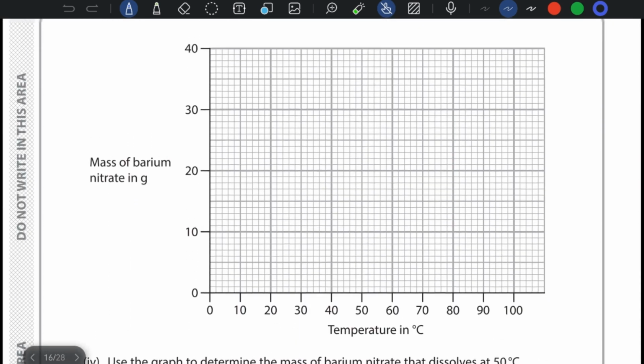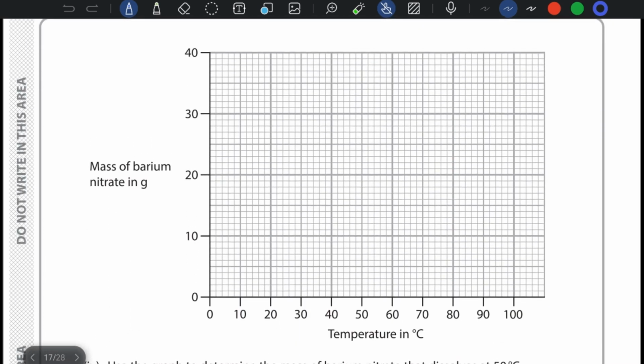Let's do it one by one. Let's plot the results on the grid. First one, at zero temperature, it's 5 grams of barium nitrate, so we can write it here, 5. Temperature 20, 9.1, right here.